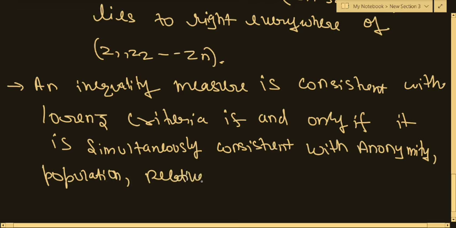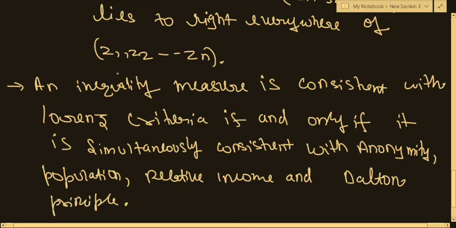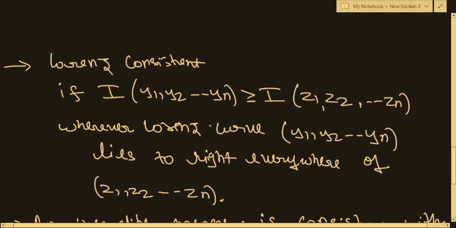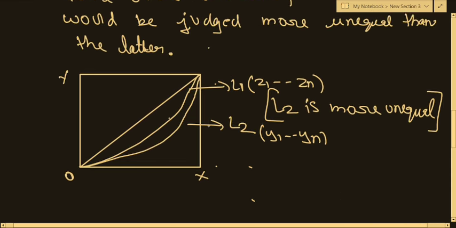Basically, the other four principles which we studied in the first topic. So an inequality measure would be said to be consistent with the Lorenz criteria if and only if it is simultaneously consistent with anonymity, population, relative income, and Dalton principle. So this was all about the Lorenz curve.